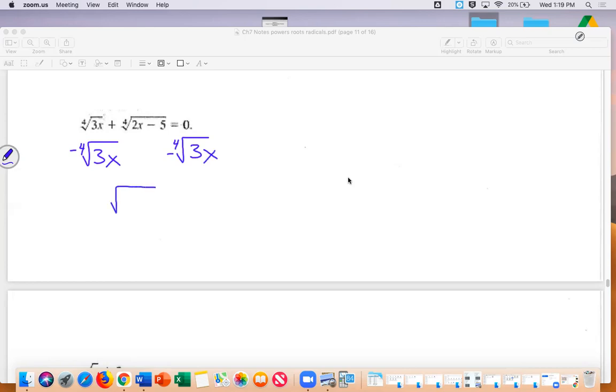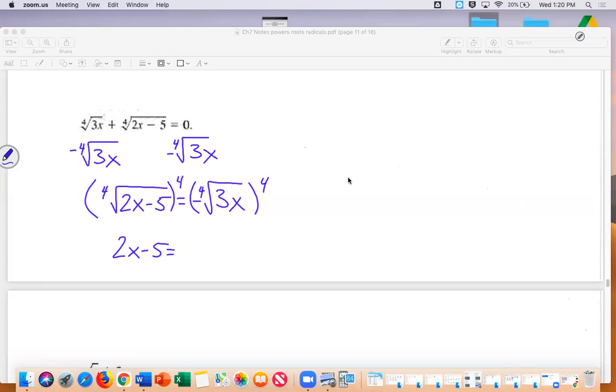So that gives me the 4th root of 2x minus 5 equals negative 4th root of 3x. And then Maggie said, well, I got to raise both sides to the fourth. So I'm going to go ahead and do that. This is easy. The radical and the power just cancel out.